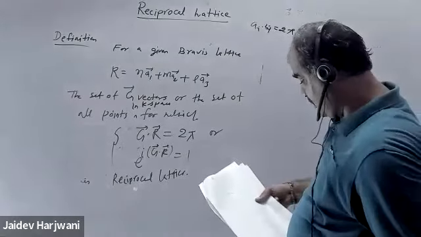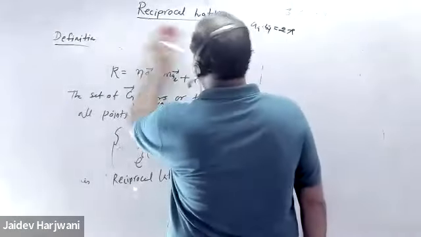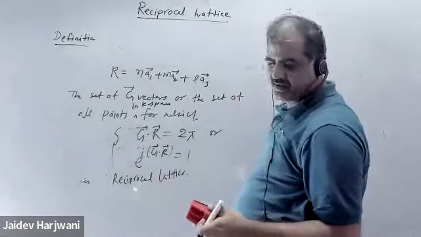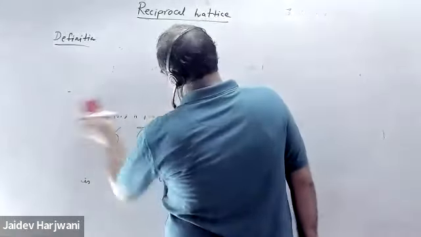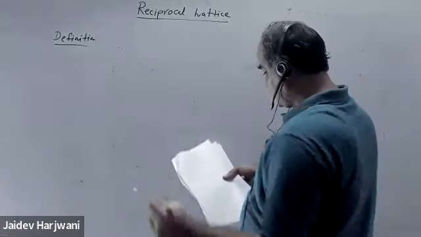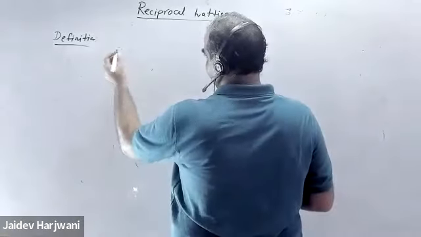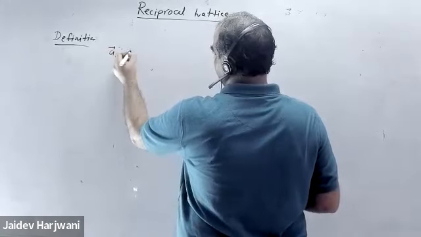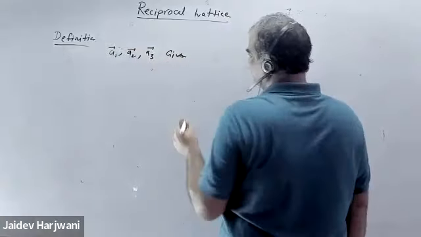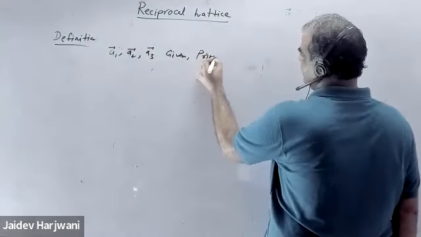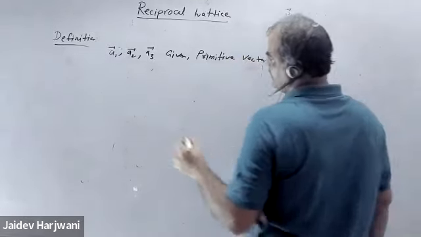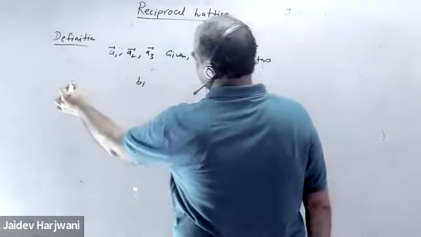Now, if the primitive vectors of the lattice are given, how do we calculate the primitive vectors of the reciprocal lattice? For that, if a1, a2, a3 are given, these are the primitive vectors of the direct lattice. If the primitive vectors are given, then I can calculate b1 in 3D.